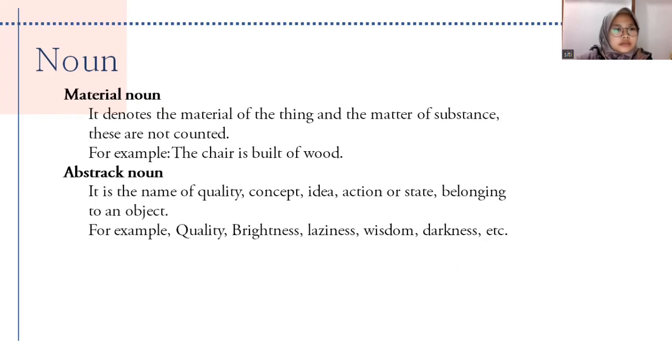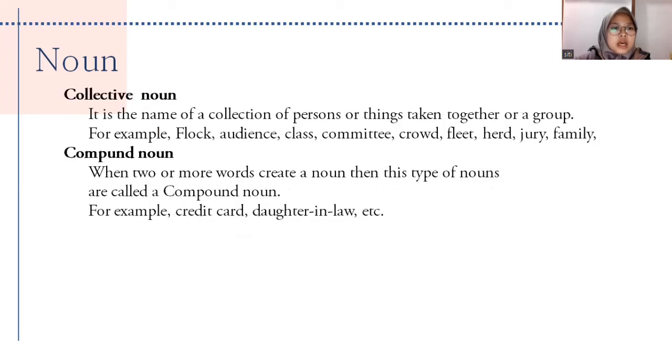And the abstract noun is the name of a quality, concept, idea, action, or state belonging to an object. For example, quality, brightness, laziness, wisdom, darkness, and etc. And the collective noun is the name of a collection of persons or things taken together, or a group, for example, flock, audience, class, committee, crowd, fleet, herd, jury, and family.